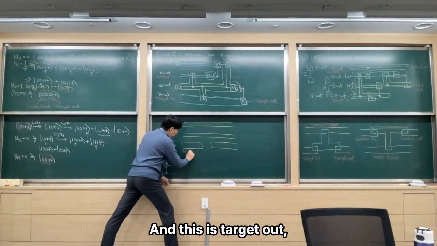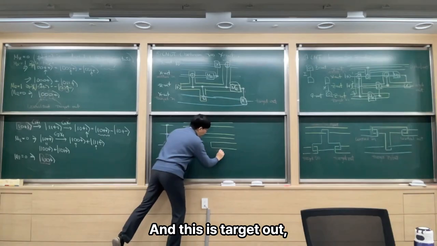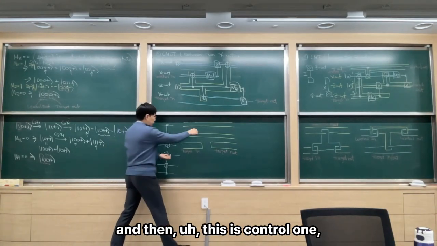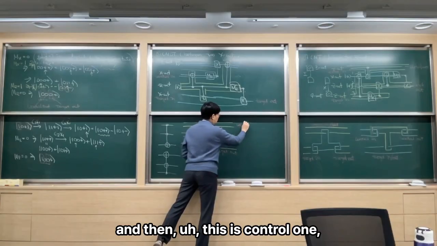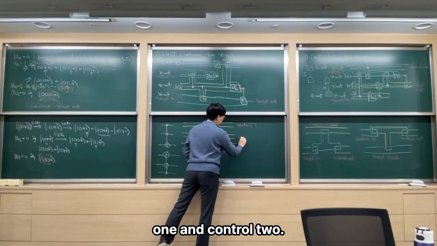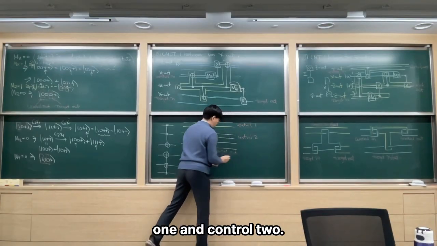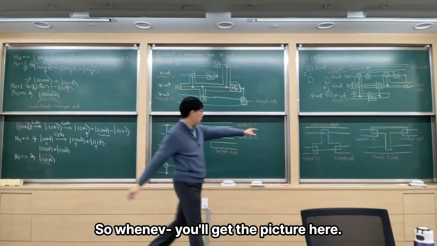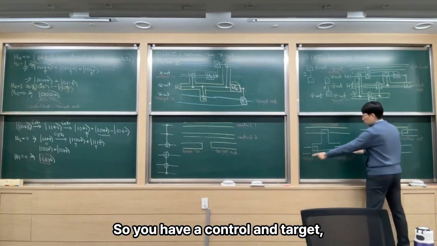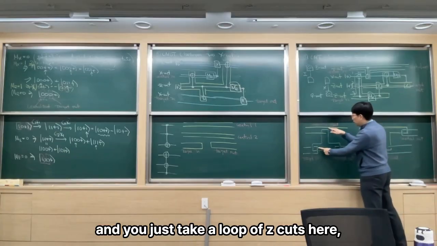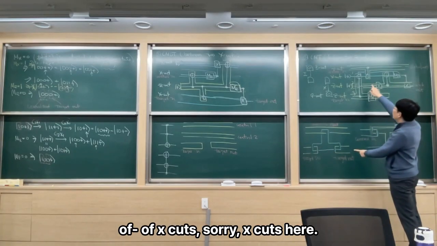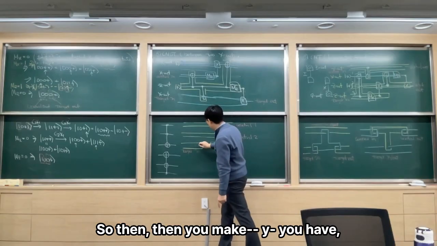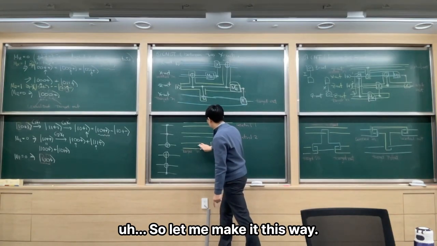So it's target in, and this is target out. And then this is control 1 and control 2. How do you make braiding to make this happen? Whenever you look at the picture here, you have a control and target, and you just take a loop of Z cuts here, or X cuts here. So let me make it this way.